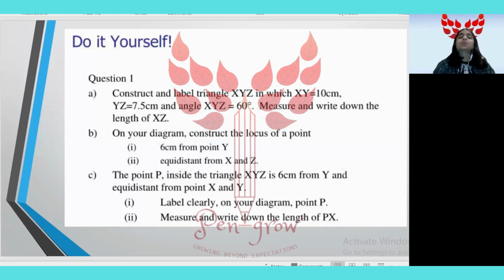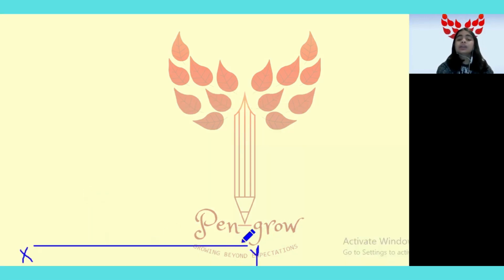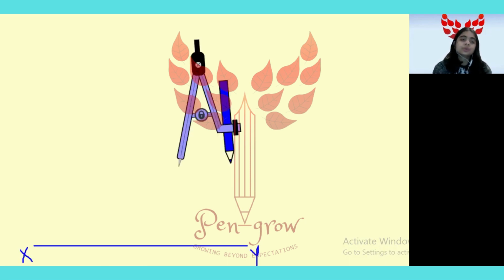Now it says that YZ is equal to 7.5. Now here you cannot make the next line with the ruler. Well, you can, but that's not acceptable. You need to use your compass for making the next line. So Y, it's with Y and then a Z point. So you'll be using a compass.